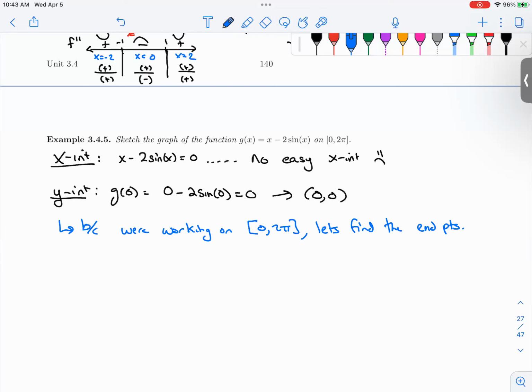No, but it definitely makes it look prettier. So G of 0 is still 0. And G of 2 pi, just to save you time, is 2 pi, which is roughly 6.28. So we have 2 pi, 6.28.